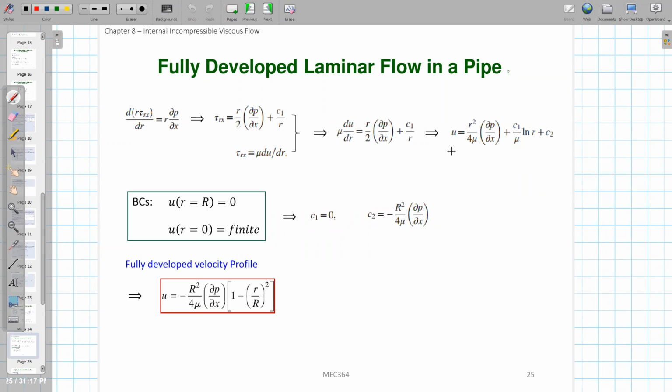Okay, and then if you take a look at the result you get here, if you put r equal to 0 here, this ln 0 will go to what? Will go to minus infinity. What's the profile of ln r? I forget.